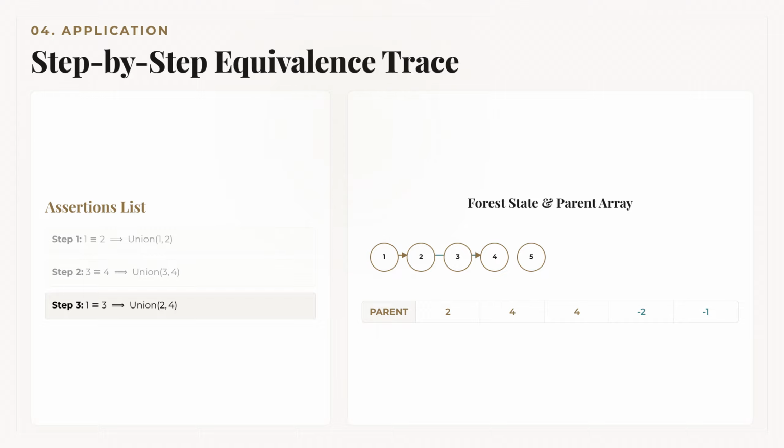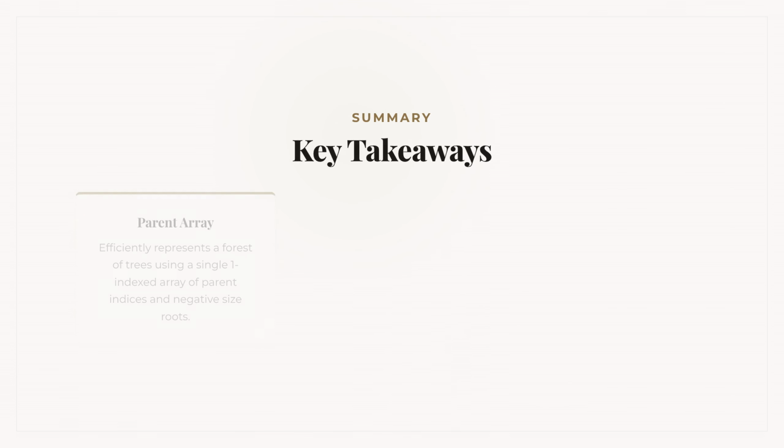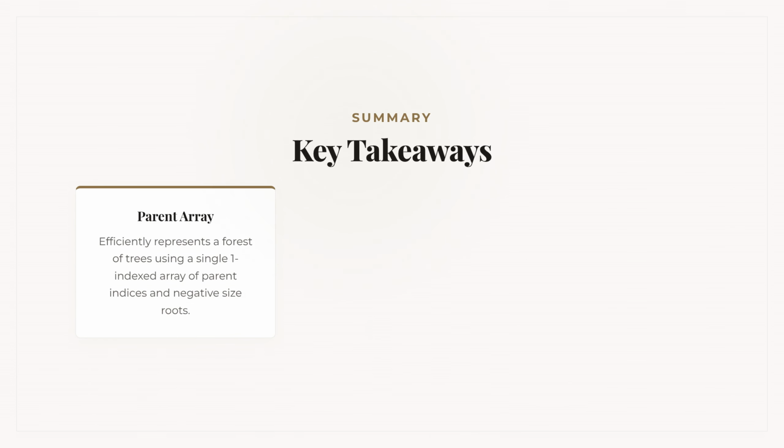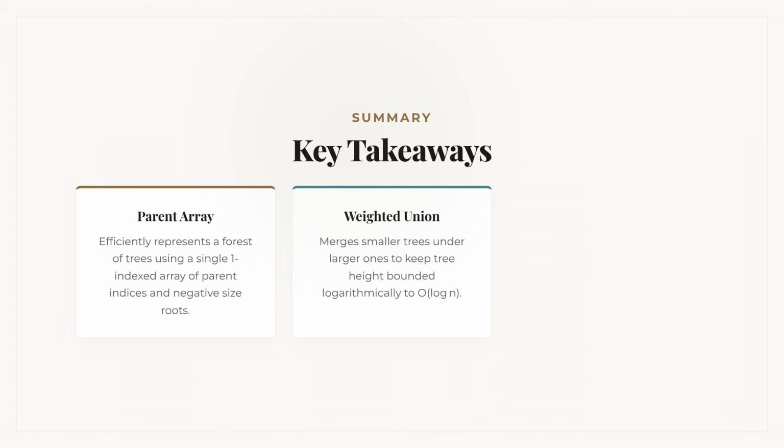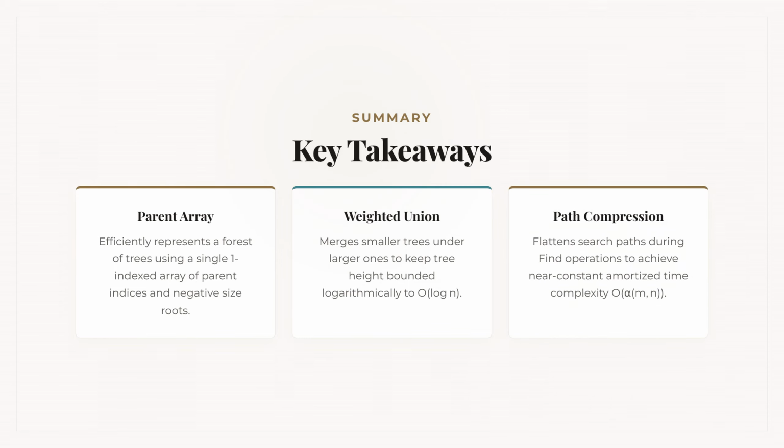The path is 4 to 3 to 1. Using path compression, the parent of 4 is updated directly to 1. Now, 4, 3, and 2 all point directly to 1. The tree becomes flatter. Subsequent find operations become extremely fast. This example illustrates how union find dynamically maintains groups of equivalent elements while providing near constant time operations.